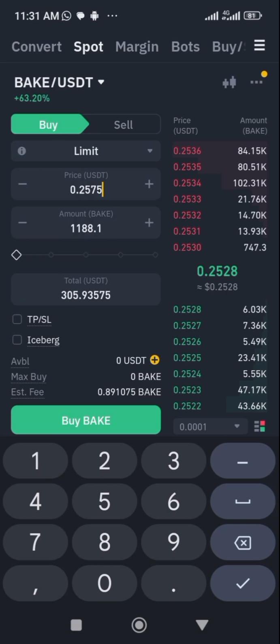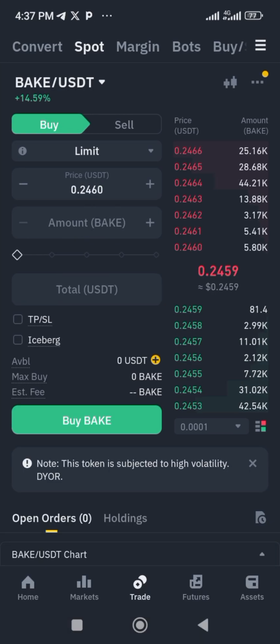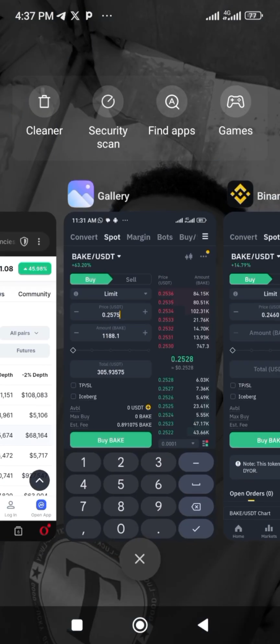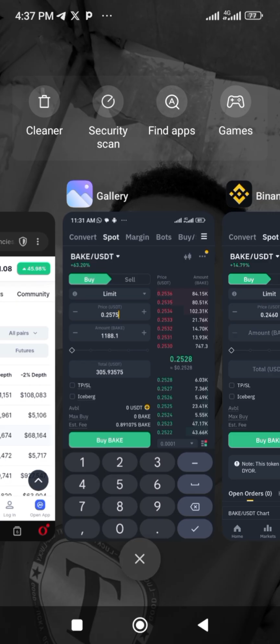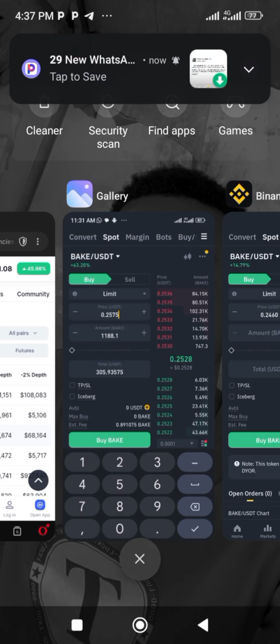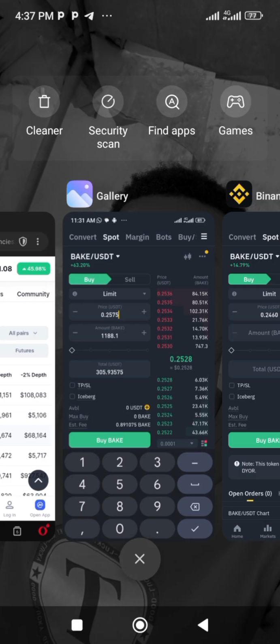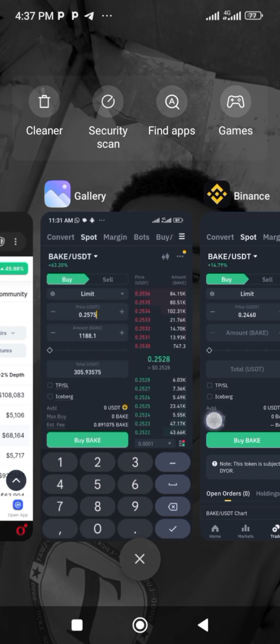So let's hop into Binance. Here is the cryptocurrency. So I made this cryptocurrency at, let me go back to the screenshot, you can see here I made it at 0.2528, and I placed a sell order of 0.2575 with a capital of $300 to make almost $6 in profit.